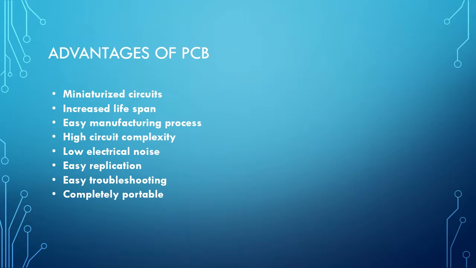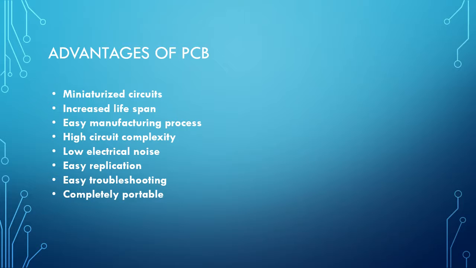So here are the advantages of the PCB. So the PCB allows for miniaturized circuits and increasing of the lifespan of your device. It also allows for easier manufacturing since the stencil and all the processes can be completely automated. With the help of multiple layered PCBs, we can have a high complexity of circuits. The absence of electrical wires also means that there is no electrical noise.